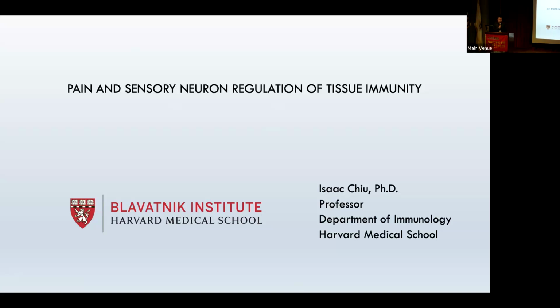His discoveries on neuroimmune communication have important implications for pain, inflammation, and host defenses. His work has been recognized by awards such as the NIH Director's New Innovator Award and the Jacques Ben Barras Award. Today, I believe he will share insights into how sensory neurons modulate immunity at barrier sites like the gut and lung. Please welcome Dr. Chiu.